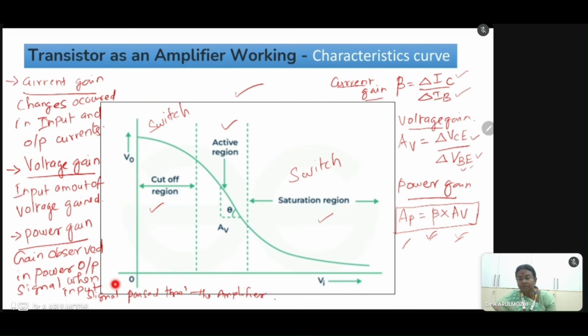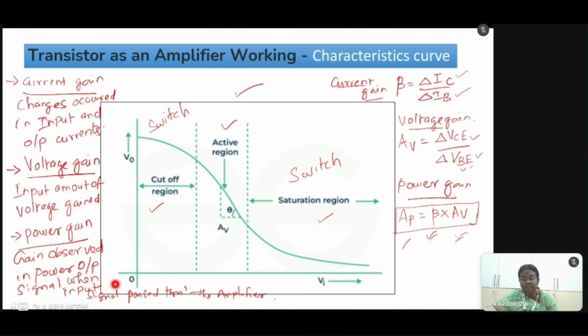In the active region, when a very small input signal is given to the base emitter junction, it is going to act as an amplifier. The amount of amplification that a transistor can provide is determined by the current given to the base, as we discussed in the previous cases.